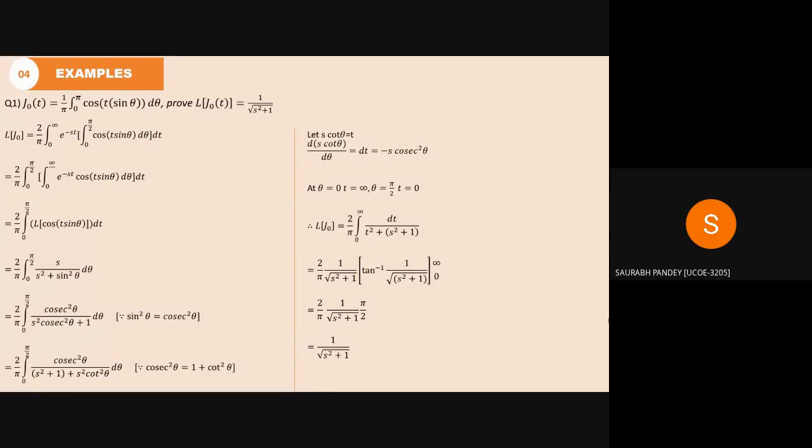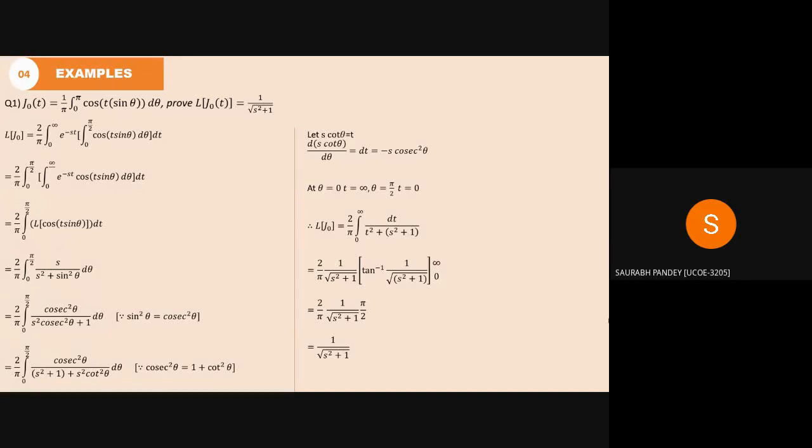On further simplification, we can write cosec square theta as 1 plus cot square theta. So 2 by pi, limit 0 to pi by 2, of cosec square theta upon s square plus 1 plus s square cot square theta, and let us denote s cot theta as t.